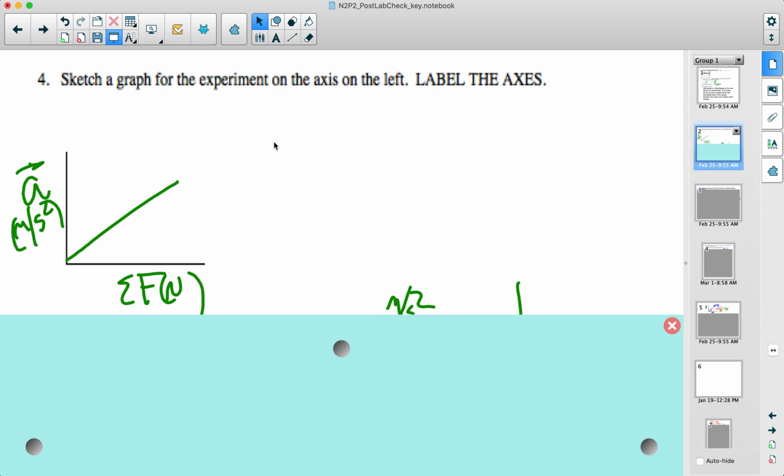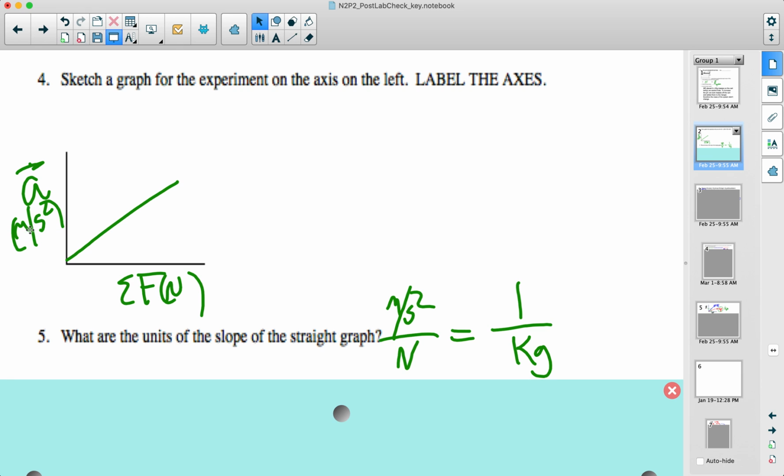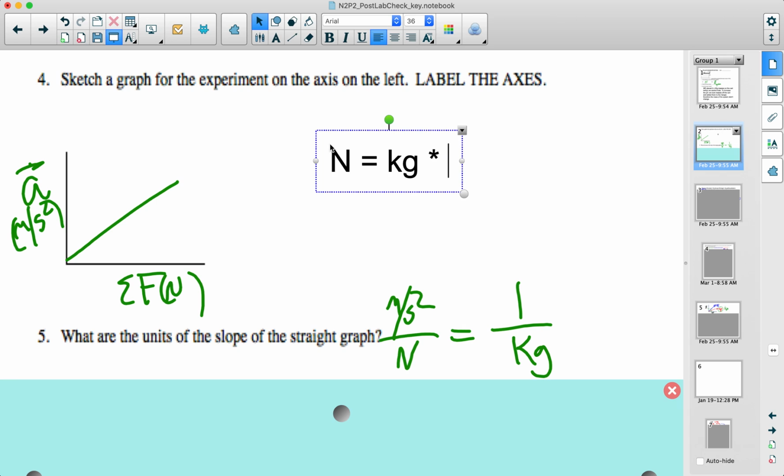Keep cranking through. On number 4, it says sketch a graph for the experiment. We had an acceleration versus net force graph. What were the units? We would do rise over run, or change in acceleration divided by change in net force. So we'd have meters per second squared per Newton, because we found out that a Newton is a kilogram times meter per second squared.